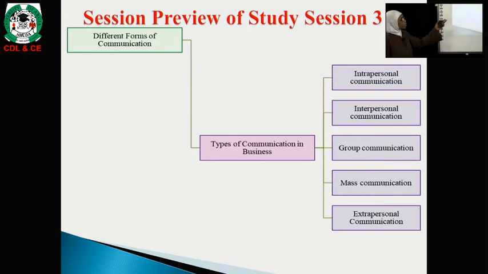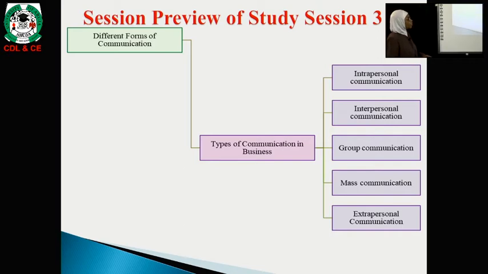Let me discuss it briefly. Intrapersonal communication is that communication that takes place within the individual. That communication that takes place within you is called intrapersonal communication. This involves the 5 sense organs on the body of every person. We shall see it later.